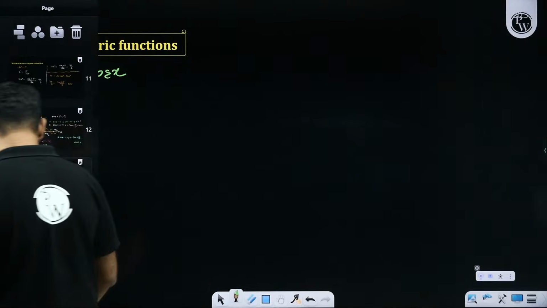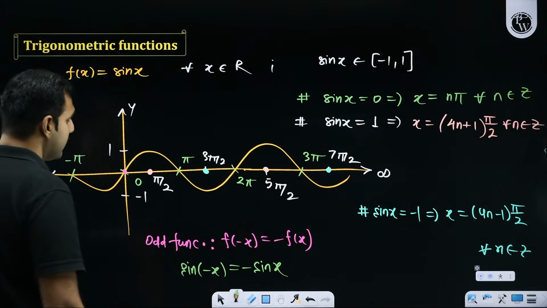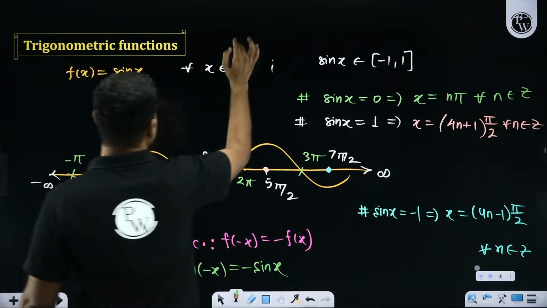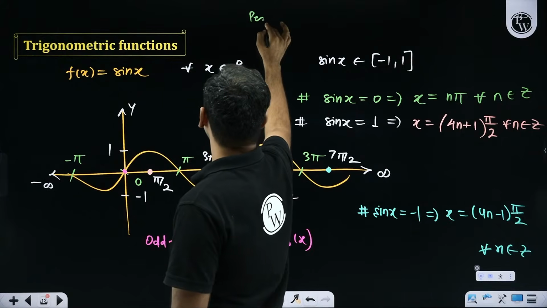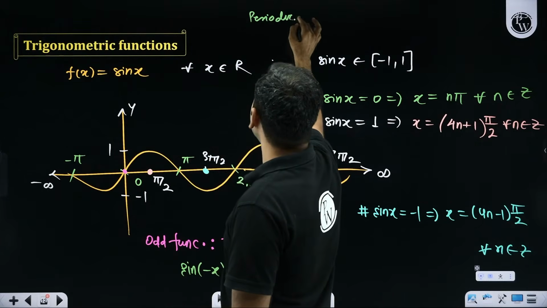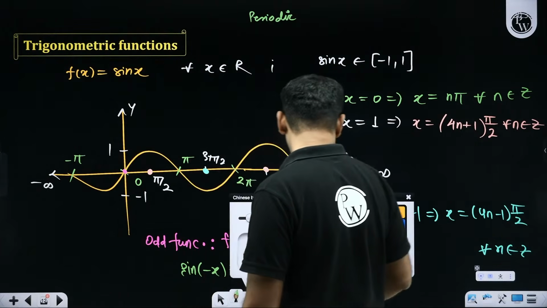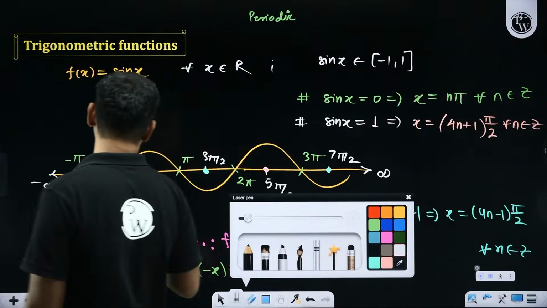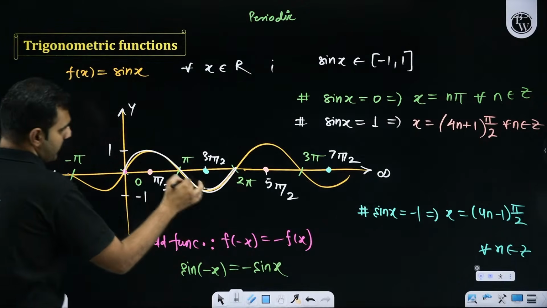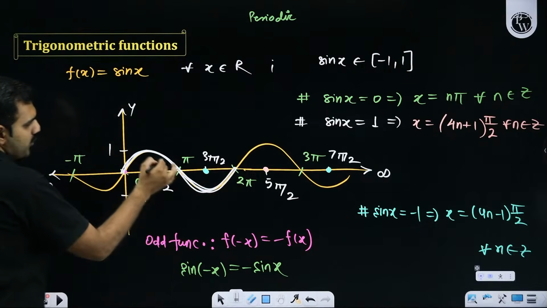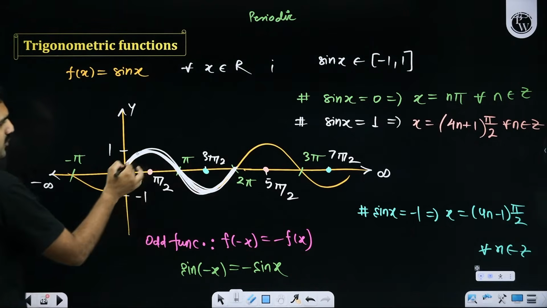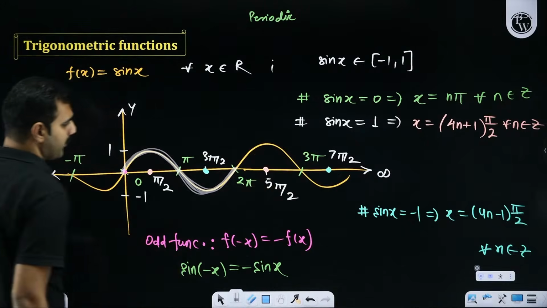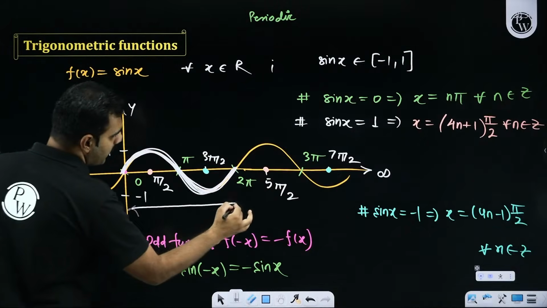If I first of all tell you one more thing regarding sine. Sine is a periodic function. What do you mean by periodic function? Periodic function here means that if you notice its graph, this portion, the same portion you just copy and keep pasting the same chunk. If you just keep copy and paste, this chunk will keep on getting repeated.